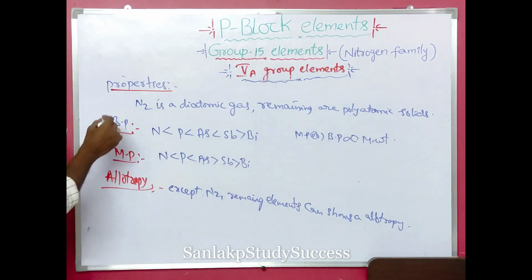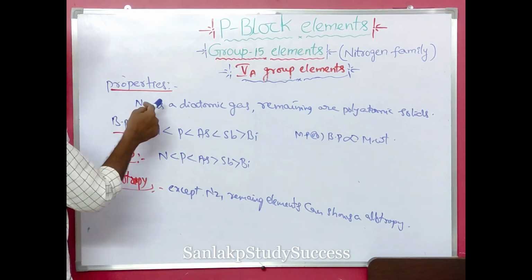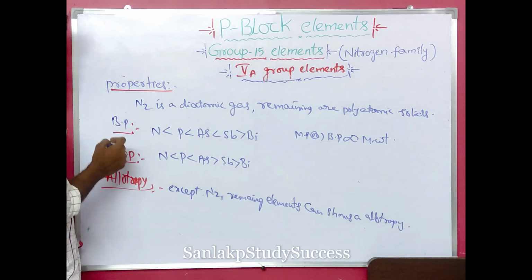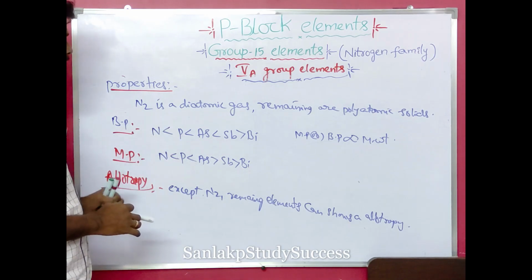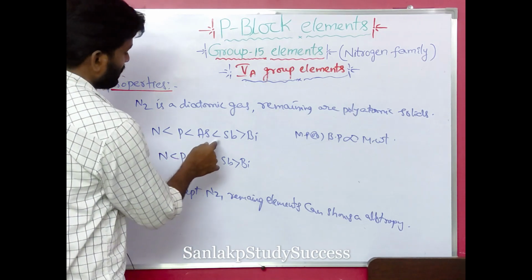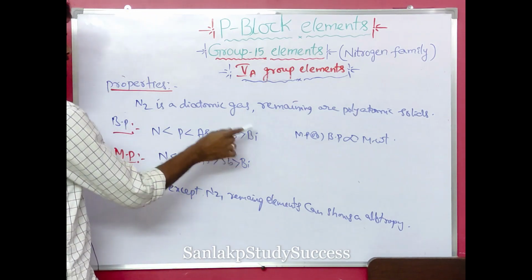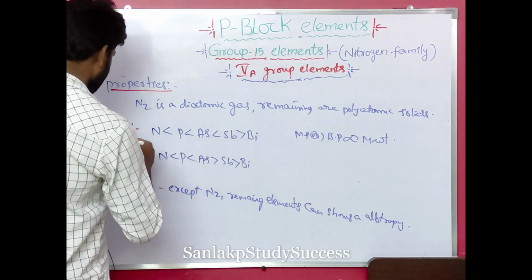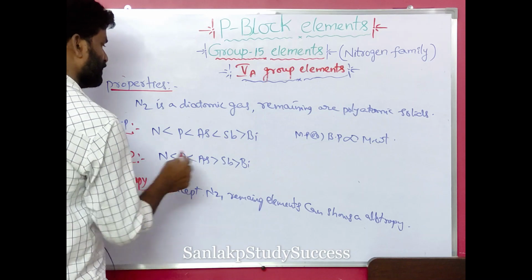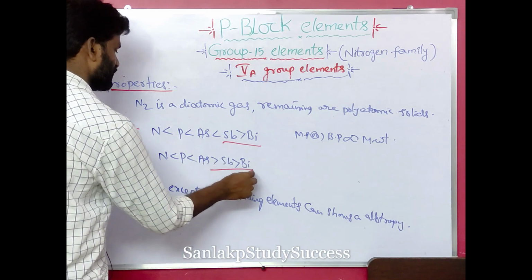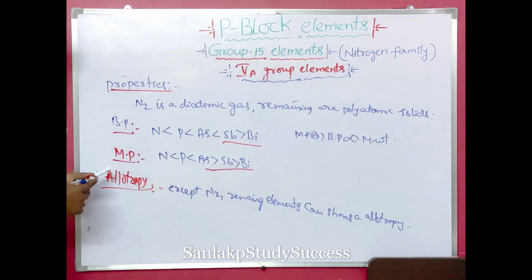So its properties: N2 is a diatomic gas, remaining are polyatomic, like tetraatomic. And boiling point, this is also a regular order. Nitrogen less than phosphorus, less than arsenic, less than antimony, greater than bismuth. Melting point, so here the difference is from antimony to bismuth, but here it is different for arsenic, antimony, bismuth.